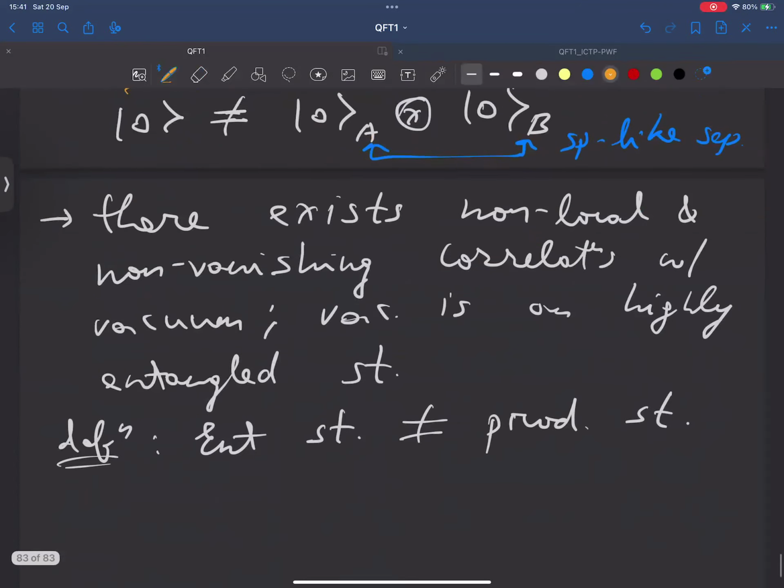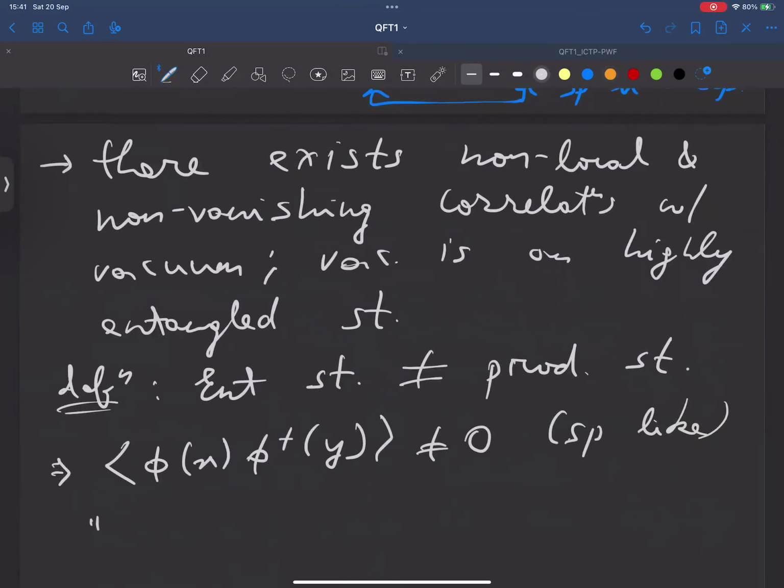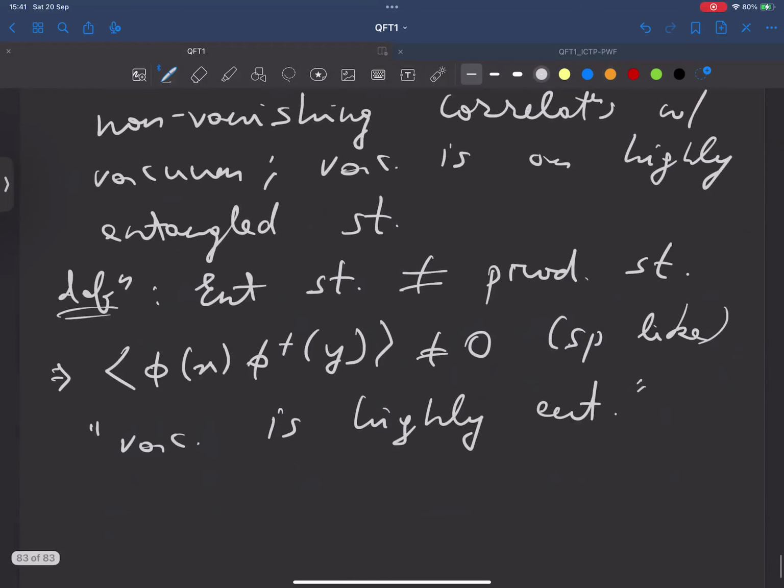That's why this non-vanishing correlation for space-like separations is often called the vacuum being highly entangled, because you cannot write your theory as a product decomposition.